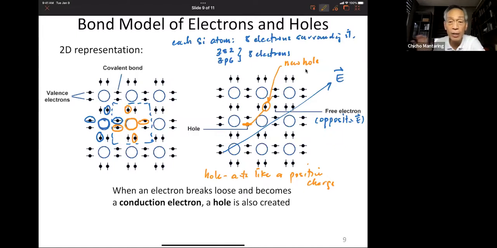So that is what happens when you have an electron that is promoted to the conduction band. You end up having two charge carriers. You have an electron and a hole, and both of them are capable of contributing to current flow.